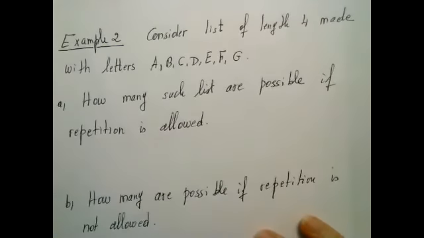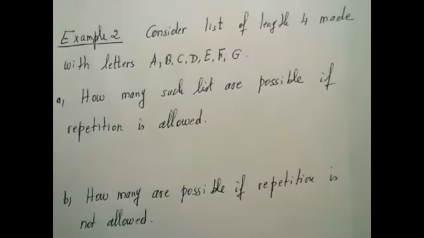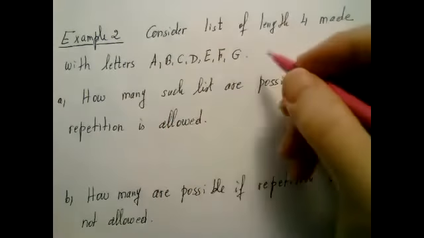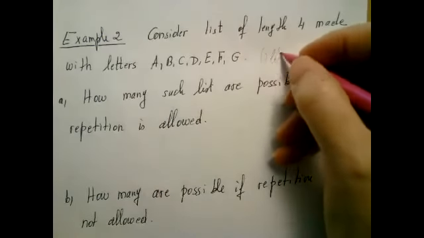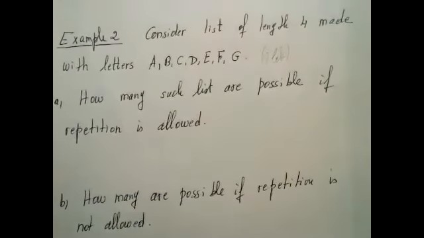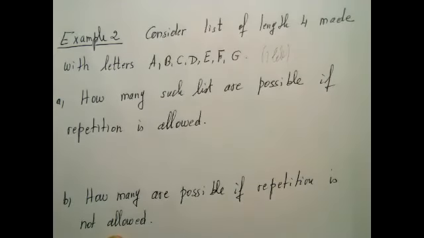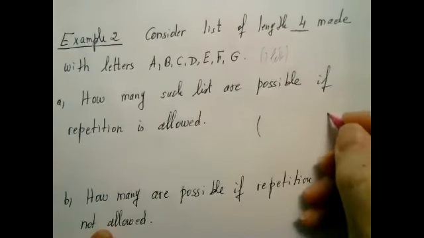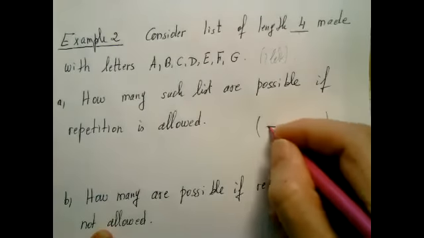Again, consider a list of length 4, this time made with the letters A, B, C, D, E, F, G. So 1, 2, 3, 4, 5, 6, 7 letters we have. All right, question number 8. How many such lists are possible if repetition is allowed? So length 4, so that's my length.